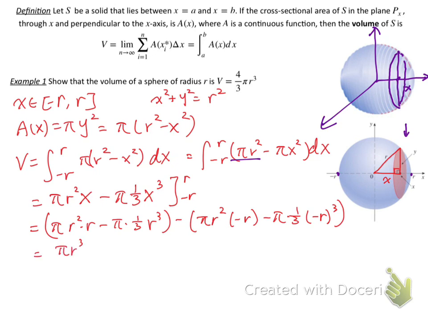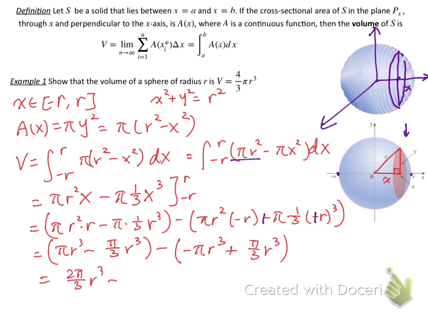This is pi r cubed minus pi over 3 r cubed, minus negative pi r cubed, and then a negative and negative makes plus pi over 3 r cubed. So I have pi minus pi over 3, which is 2 pi over 3 r cubed, minus negative pi plus pi over 3, which is negative 2 pi over 3 r cubed. Changing to addition, I get 4 pi over 3 r to the third power.